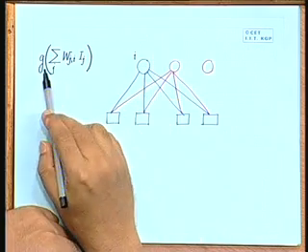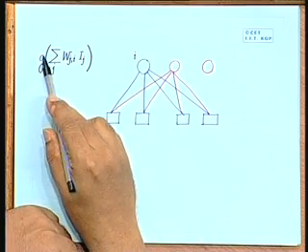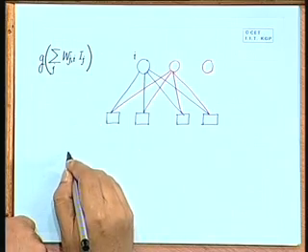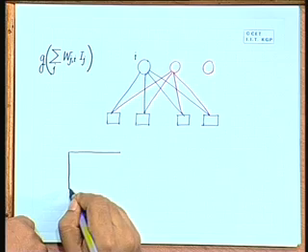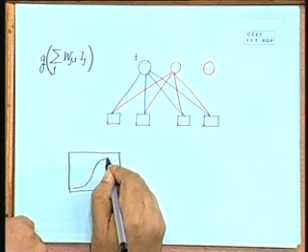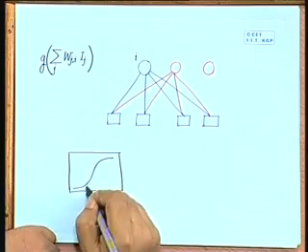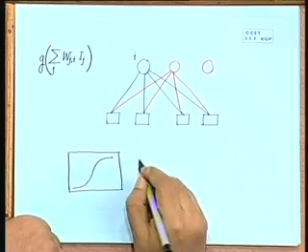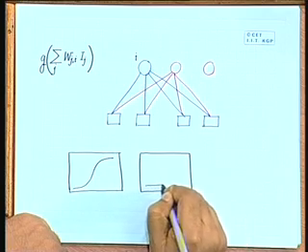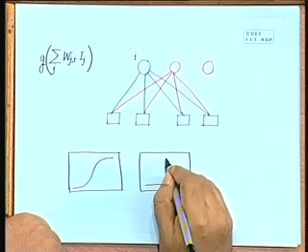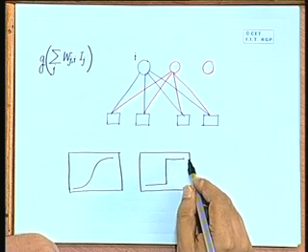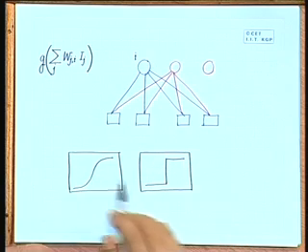And we saw that there can be different kinds of functions for g, of which the two most common ones are the sigmoid function, which looks like this, where the input changes gradually, or it could be a threshold function, which means that the moment you reach the threshold, it will simply switch on. So, it is off, and when you reach the threshold it switches on.